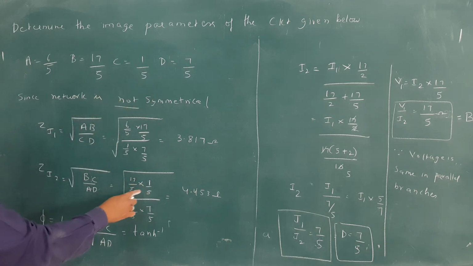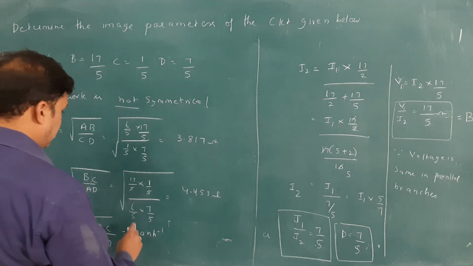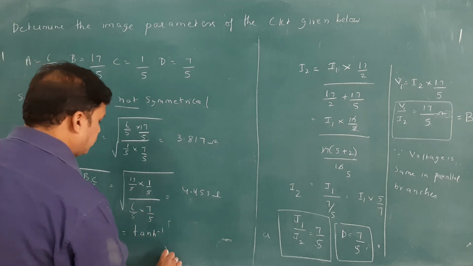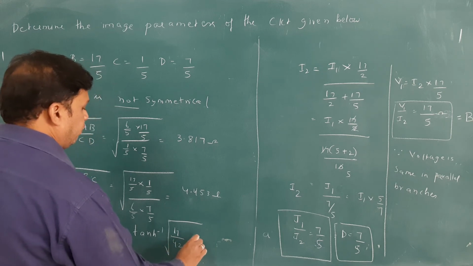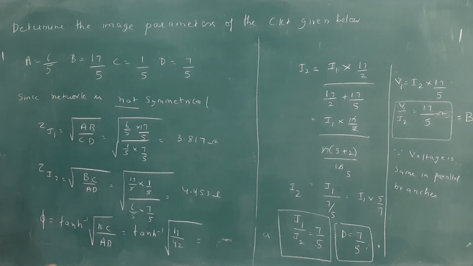So you cancel the 5s here: 6 sevens are 42 and 17 into 1 is 17. So tanh inverse of square root of 17 by 42 will give you some value, and that value is called phi.